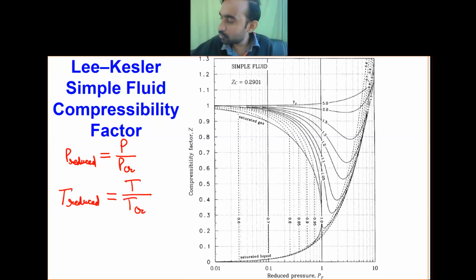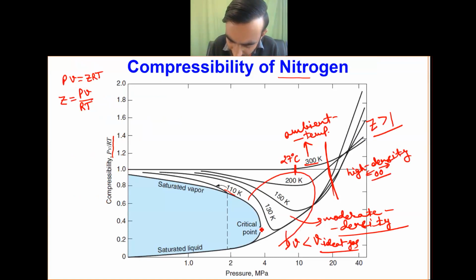If I go to the previous slide, corresponding to this point for nitrogen, this is our critical pressure, PCR for nitrogen, and the temperature line passing through it, which is between 110 and 130, gives us T critical.